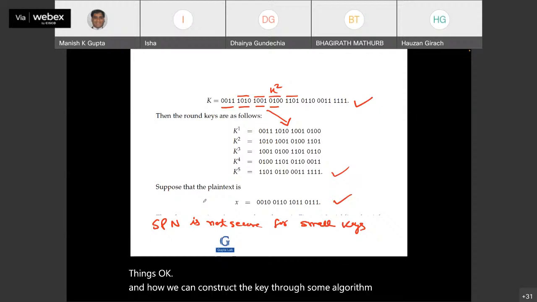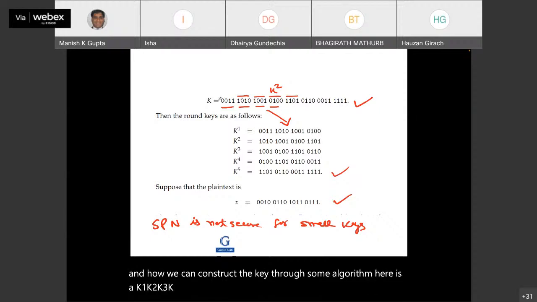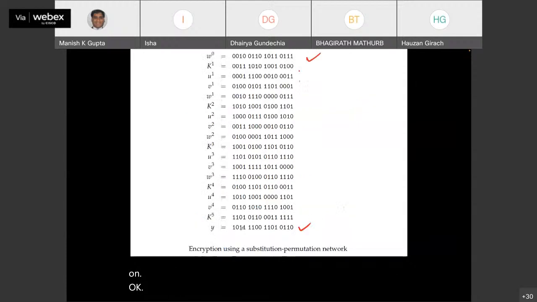Here are K1, K2, K3, K4, K5, coming from K. This is the complete K, and from this the first 4 blocks are in K1, the next 4 blocks in K2, and so on. This is a complete encryption, starting from X and arriving at Y. All these states and bits are written here. So this is a substitution permutation network.